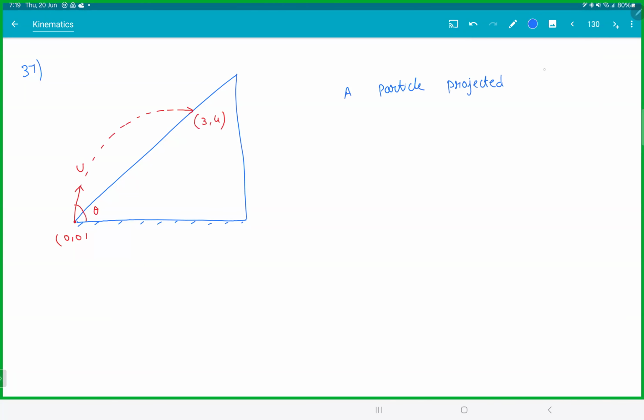A particle projected from the foot of the base with u and theta hits the incline at 3, 4 while traveling horizontally.